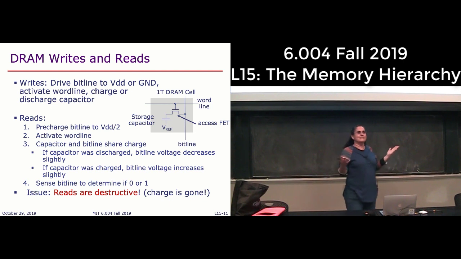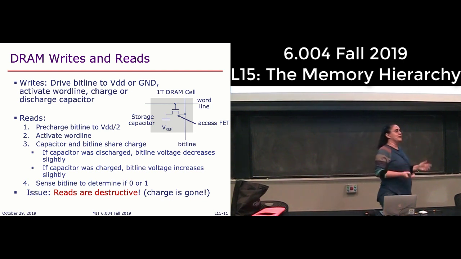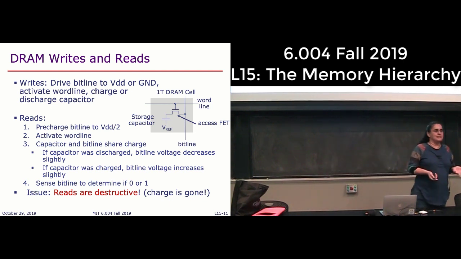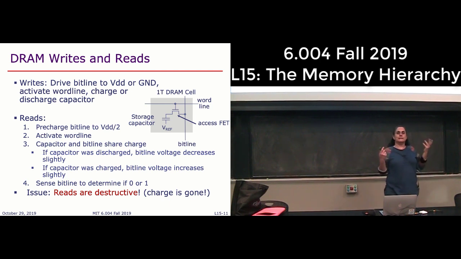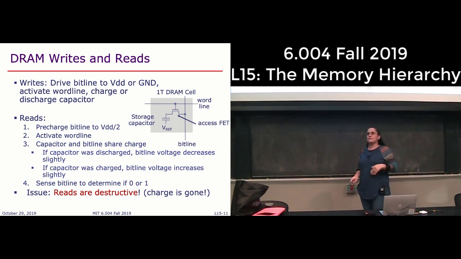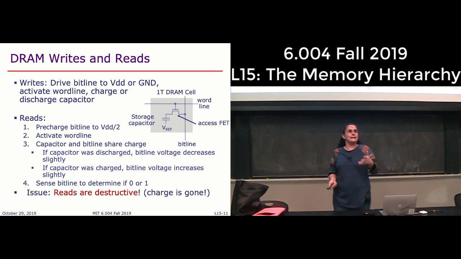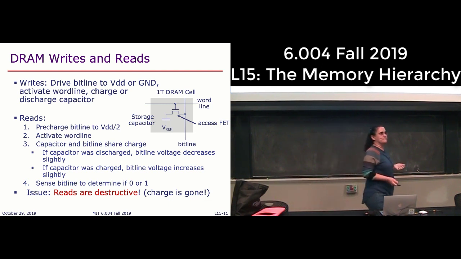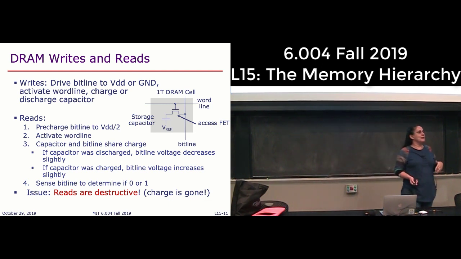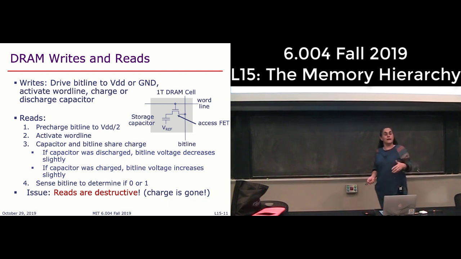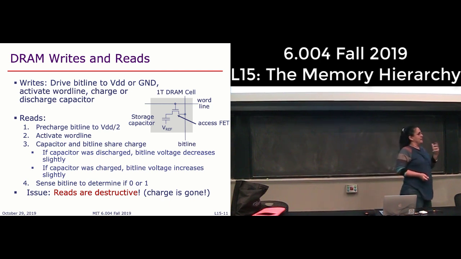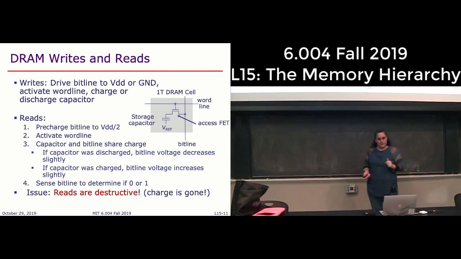They basically get rid of the value of your cell. So in order to deal with this, every time you do a read of a DRAM cell, you have to follow that by a write of the value that you just read. And this is what we mean by refreshing the DRAM cells periodically. That's how we ensure that we're still able to maintain that value in our DRAM cell on our capacitor.